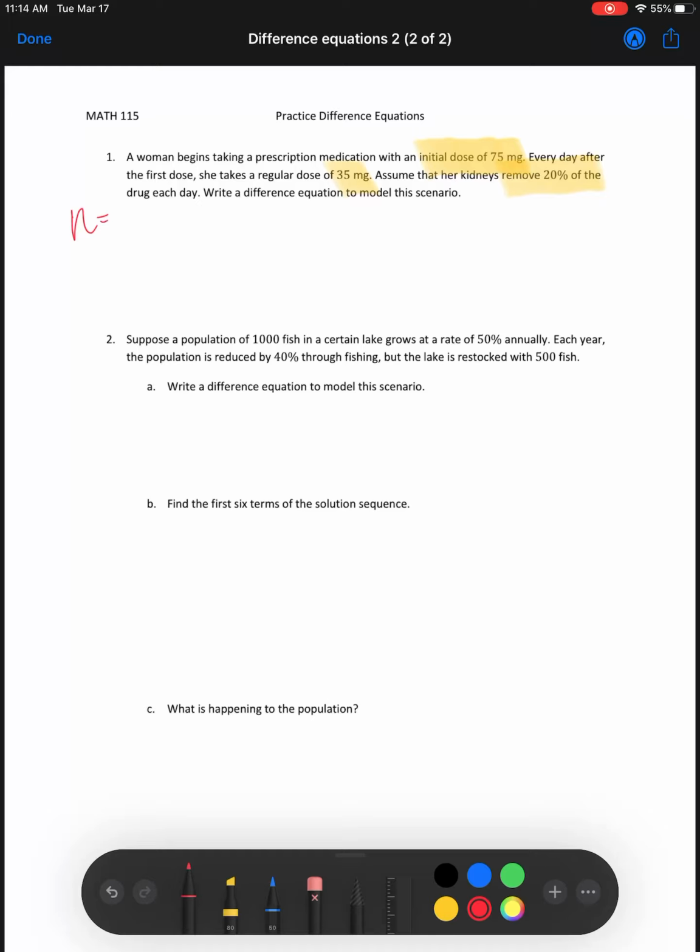So we're going to let n be the number of days, and then our x sub n is going to be the amount of the drug in the body. And of course that is measured in milligrams. All right, so defining the variables is kind of the first most important thing.